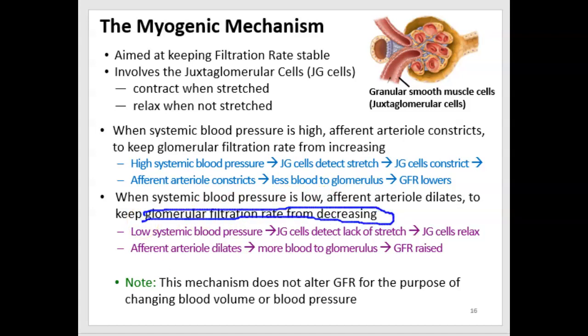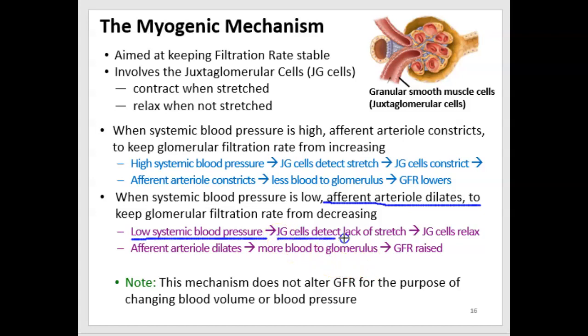We still need to do some waste removal, right? So in this case, the afferent arteriole will dilate to keep blood flow adequate and pressure for filtration high enough. So this is what happens when systemic blood pressure goes too low.